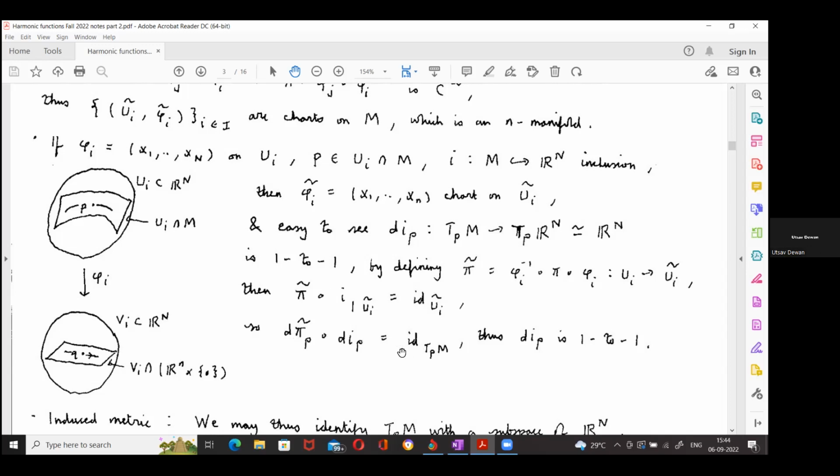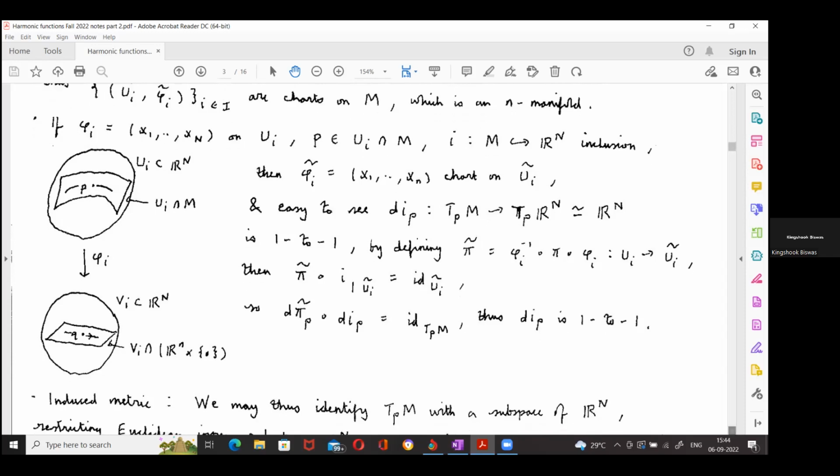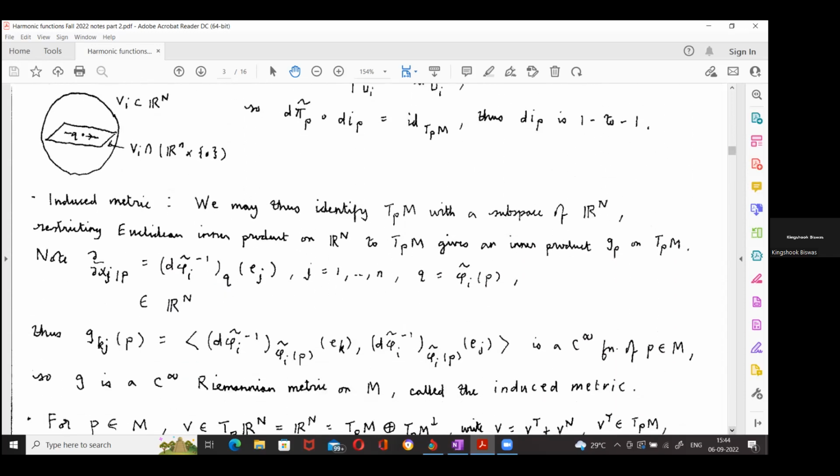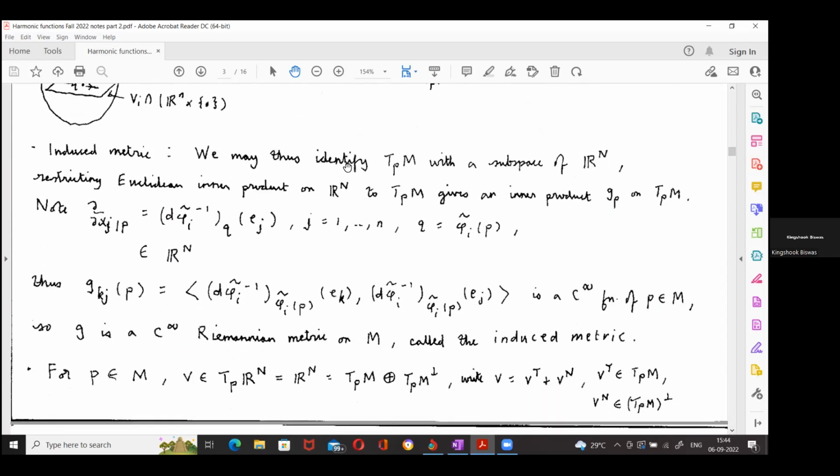Yes. Okay, so therefore I can identify for a submanifold of Rn, the tangent space with a subspace of Rn. All right. So therefore, we can identify TPM with a subspace of capital R power capital N.